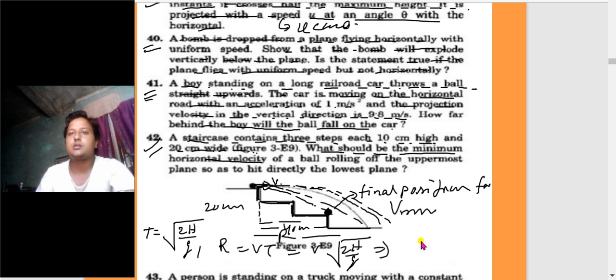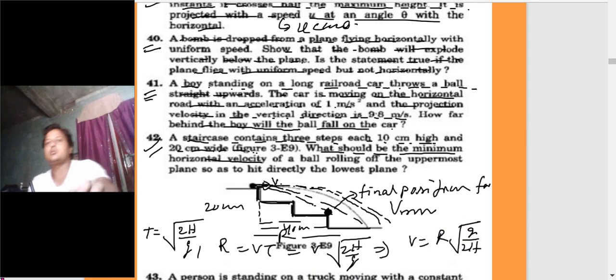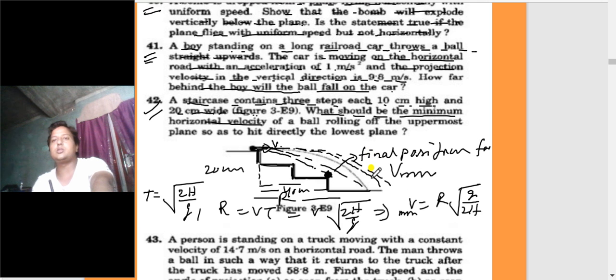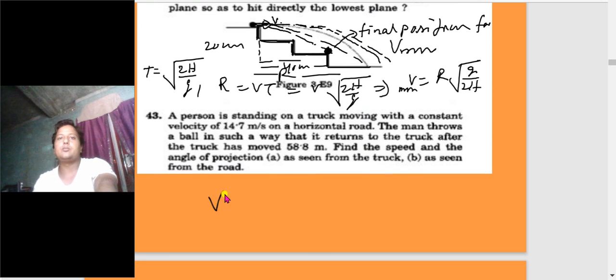It implies v is R under root g over 2h. This is the required minimum speed. So v minimum: R is 40 centimeter, 0.4 meter, g is 10, h is 0.2.